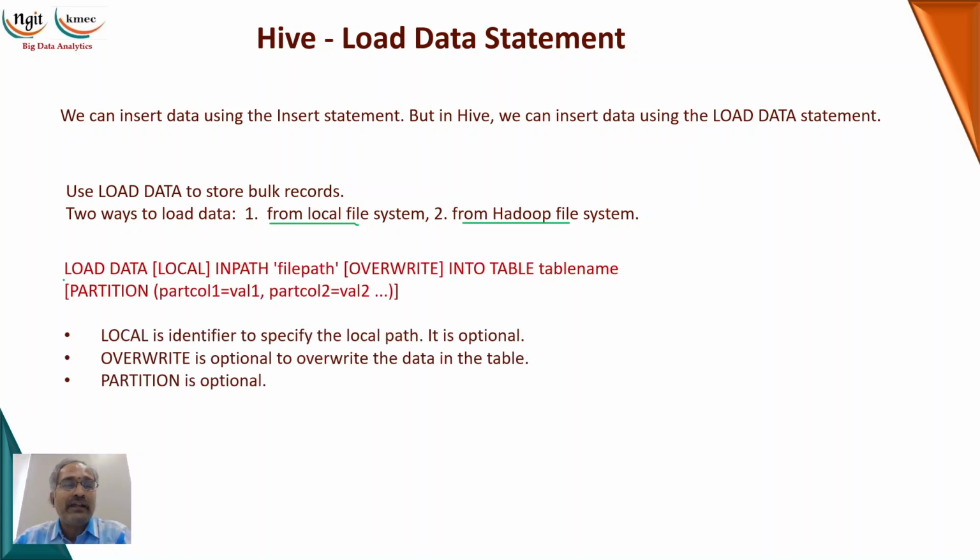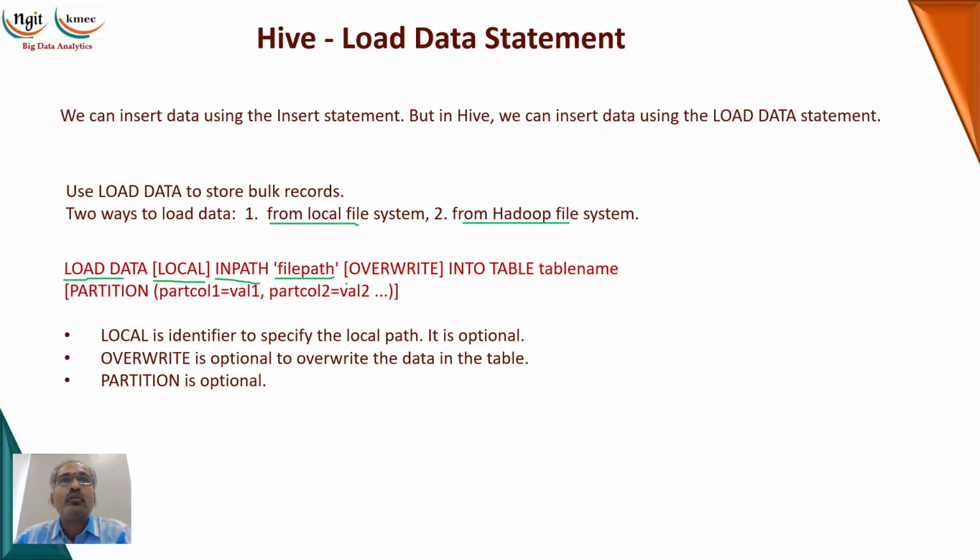The syntax is load data local. If you want to load the data from the local environment, you have to mention the local path. If you don't mention local, then you have to provide the HDFS path.